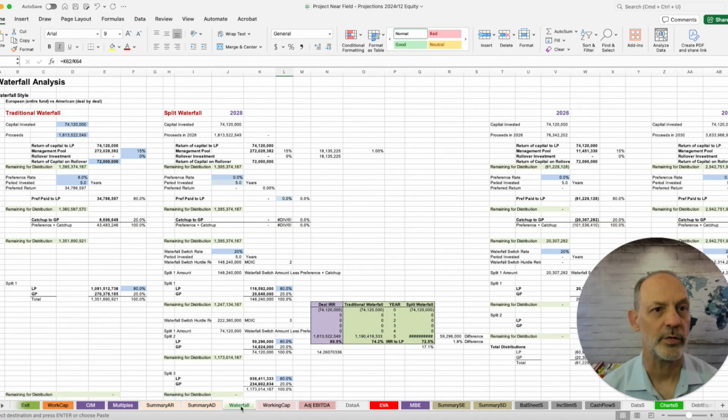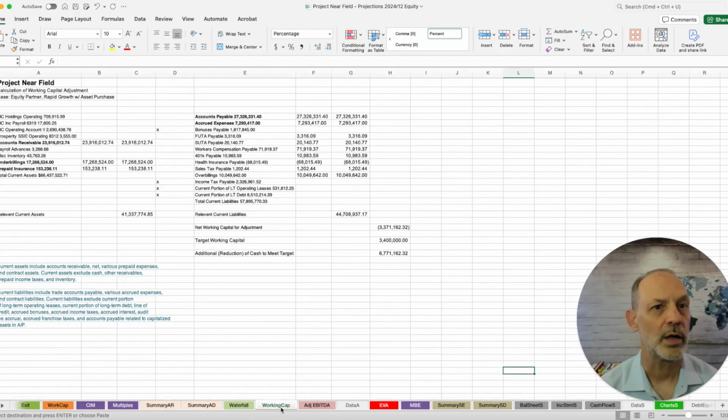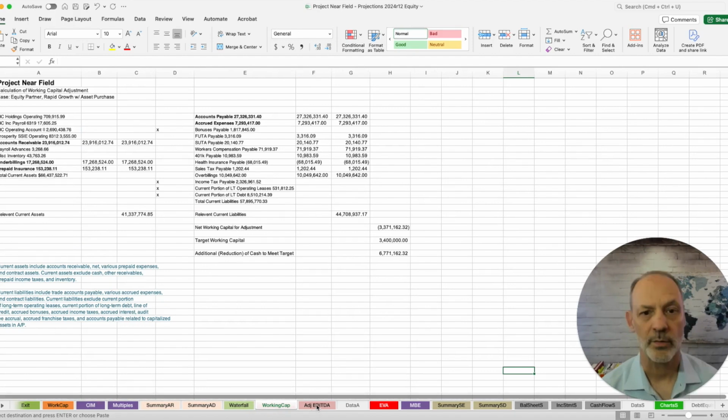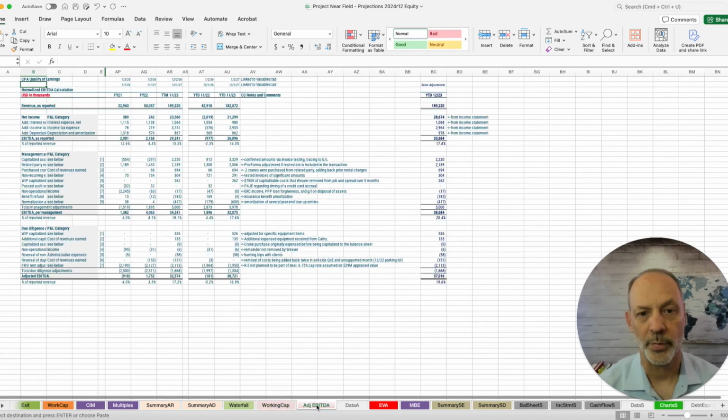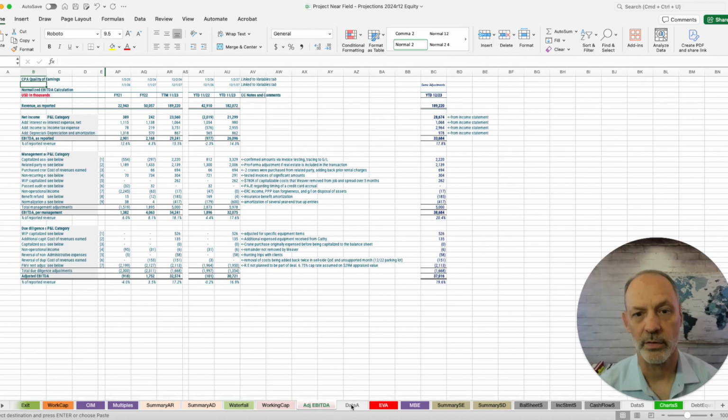This is a private equity waterfall analysis under different scenarios. This is a working capital analysis for your working capital peg at closing, tied back to the CPA's quality of earnings analysis.